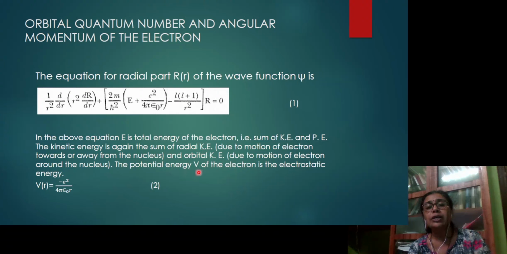The potential energy of the electron, as we stated in the beginning, is the Coulomb potential, that is electrostatic energy, given by V(r) equal to minus e square upon 4 pi epsilon 0 r, where small e is the charge on the electron and small r is the radial distance of the electron from the nucleus.